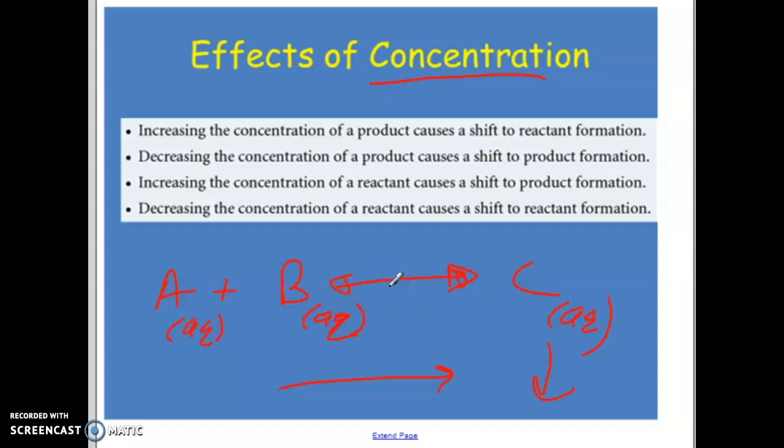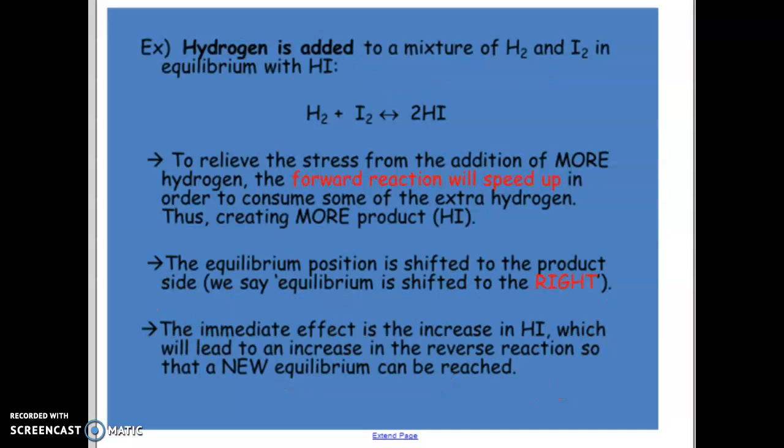So anytime there is a shift in equilibrium, there will be a reaction to that shift, right? There'll be some sort of stress applied, a reaction to that stress by either increasing the rate of the forward or of the reverse. And then a new equilibrium is established after that.